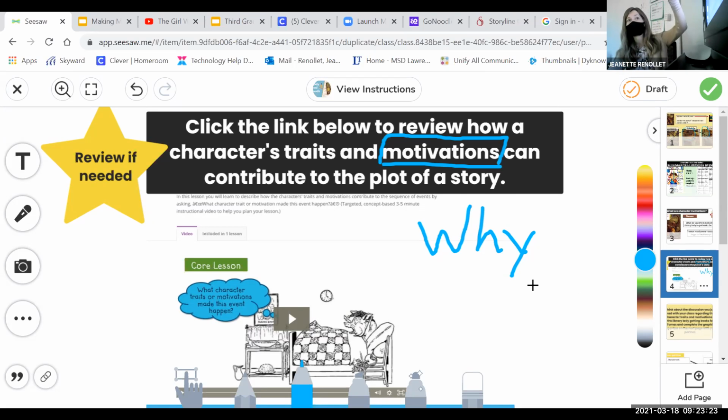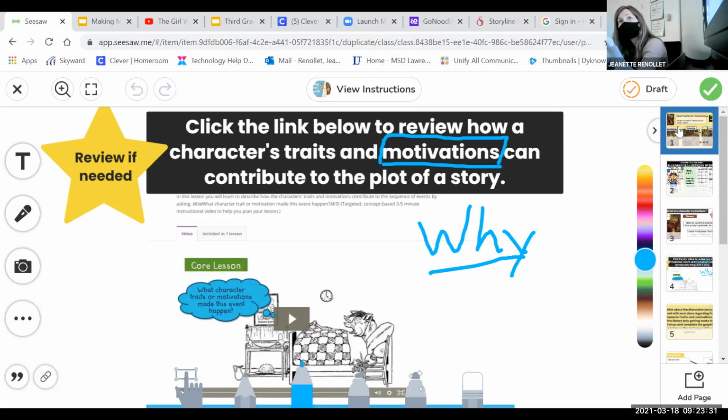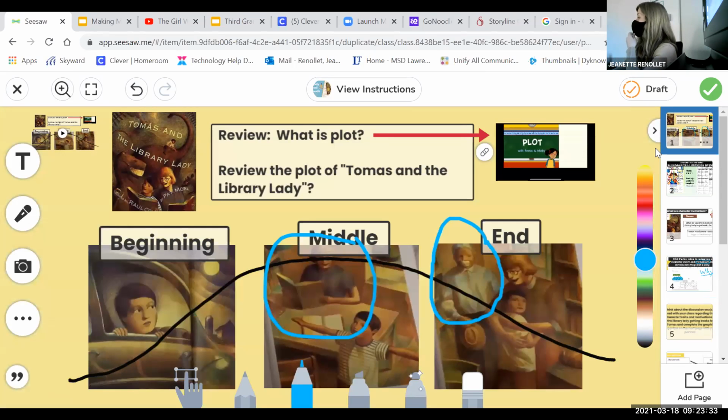And characters and stories have motivations, why they do things. So today we're going to think about the plot of Tomas and the Library Lady. And we're going to think about the question word why. Why does Papa Grande tell Tomas to go learn to read? Why does Tomas go into the library?